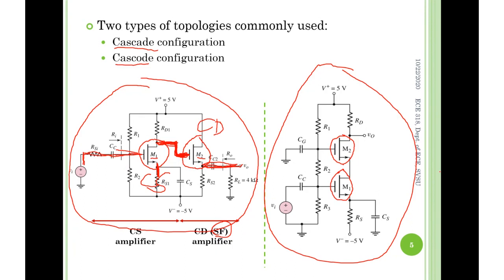Two, are you there? Any answer then? M1 is what? What do you think? Speak out. Don't type. That's wasting a lot of time. Is it the input? No, I'm asking M1 is common what?